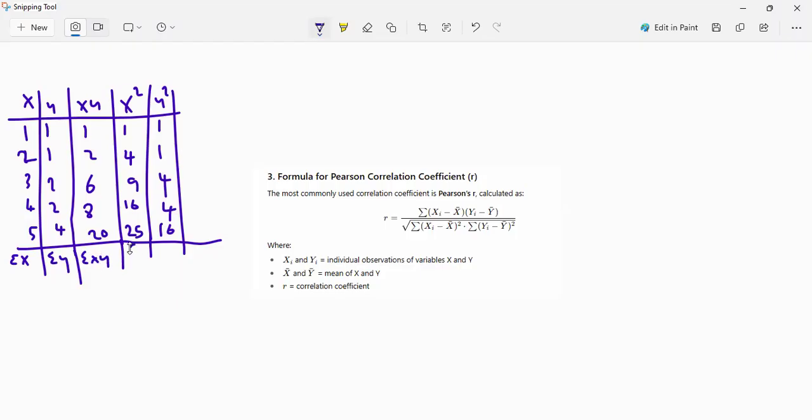Summation of x squared, summation of y squared. So the totals here are what? We have 15 here. Here we have 10. Here we have 37. Here we have 55. And here we have 26.